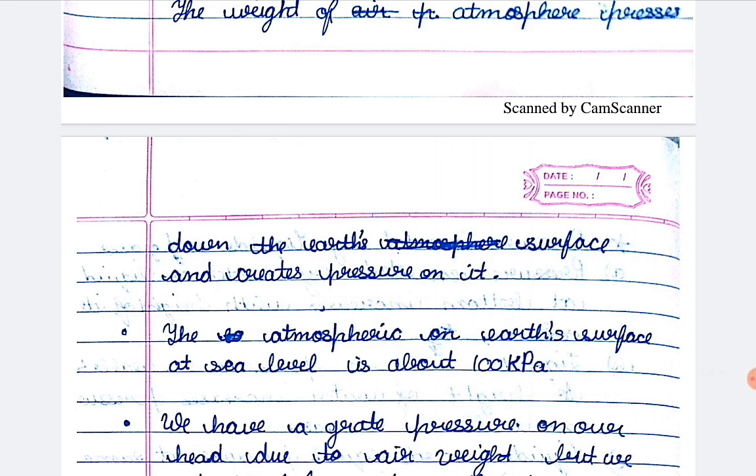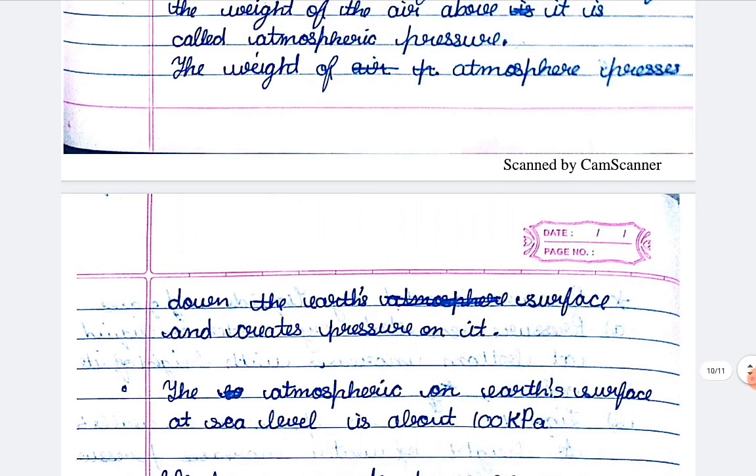The weight of the atmosphere presses down on the earth's surface and creates pressure on it.